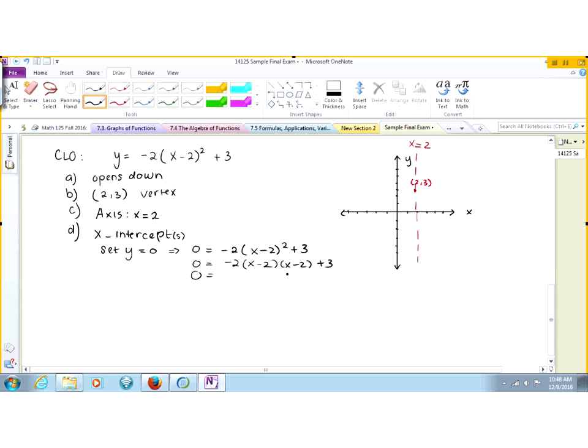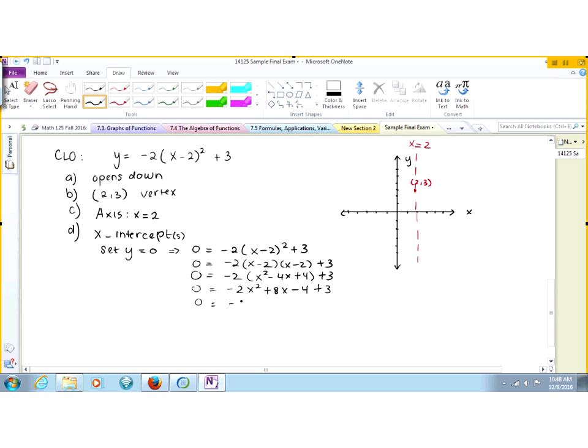So let's multiply x minus 2 times x minus 2 first. What is (x minus 2) squared here? What is it? x squared minus 4x plus 4, plus 3. Yes. So this is -2x squared plus 8x minus 4 plus 3.